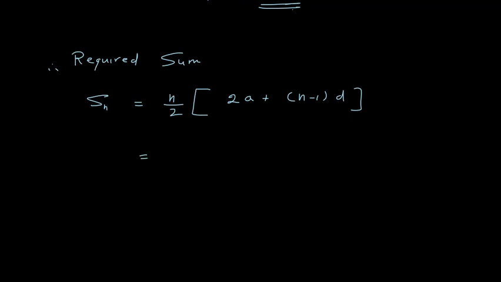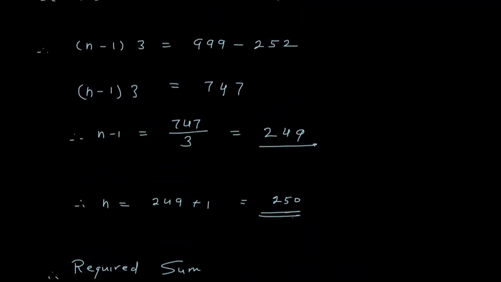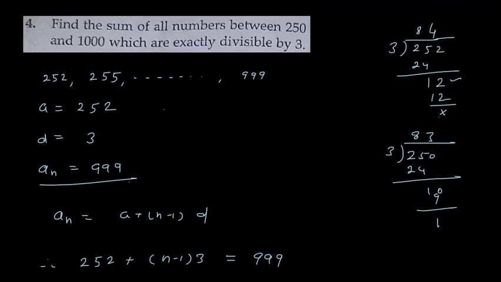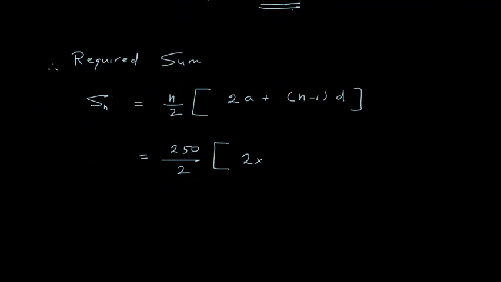So n divided by 2, what is n? n is 250 divided by 2. 2 into a, what is a? The first term is 252, plus n minus 1 d. The value of n we already got, 250. So 250 minus 1 is 249 into the value of d, which is 3.